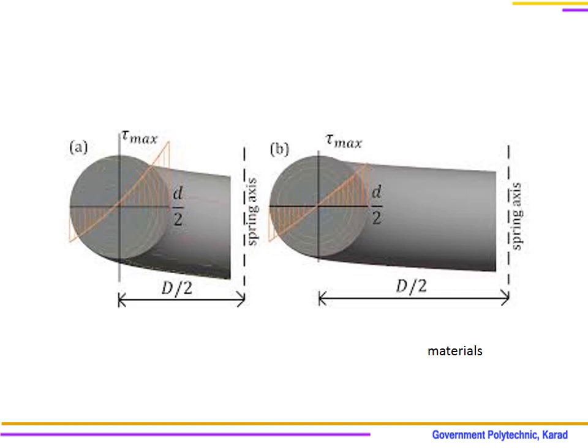As curvature is more, we are finding that the shear due to that curvature induced in a spring is more here as compared to this spring. This spring has higher mean coil diameter. This is a large spring. Being a large spring, its radius is more, meaning curvature is comparatively less here.